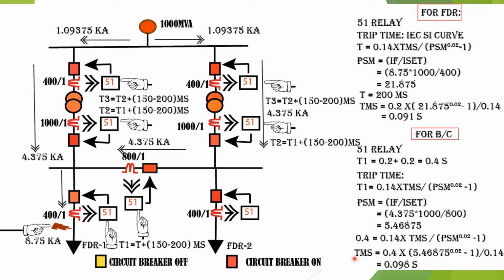So the value of the TMS, the time multiplier setting, is equal to 0.4 into 5.46875 to the power 0.02 minus 1 divided by 0.14. So the value of the TMS comes as 0.098 second. So by choosing the grading margin of 200 millisecond, the value of the TMS comes as 0.098 second for the bus coupler overcurrent relay.